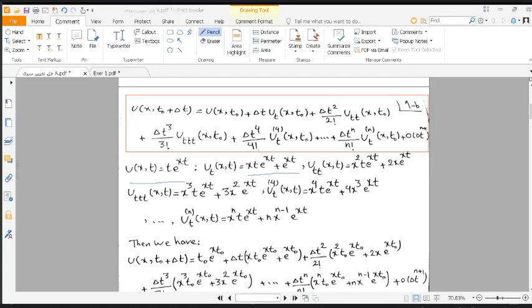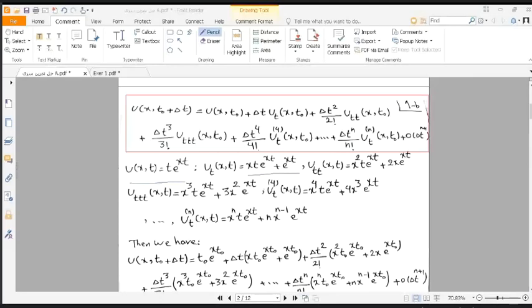You should compute the nth derivative of u with respect to t.